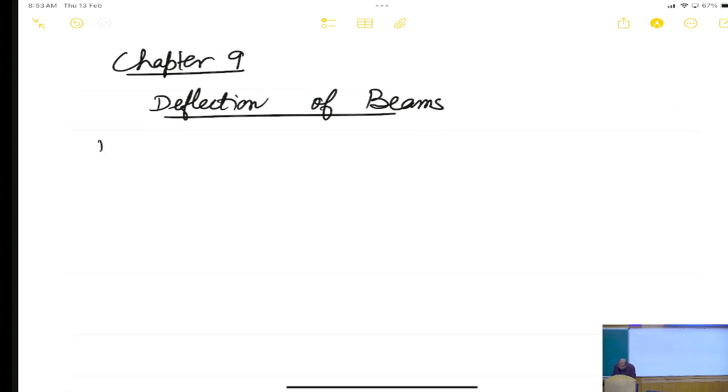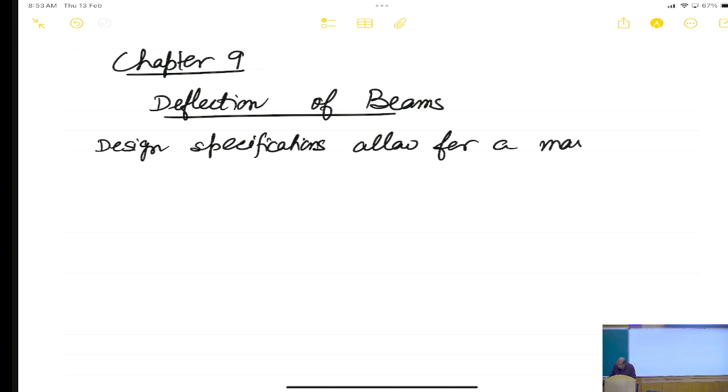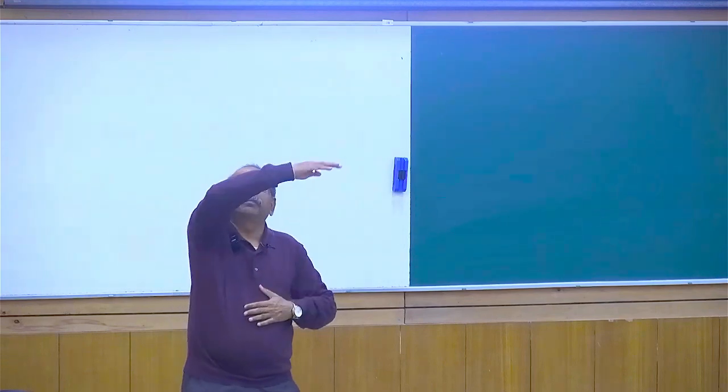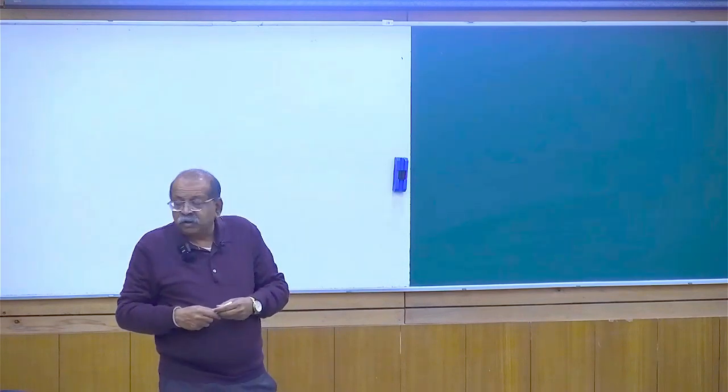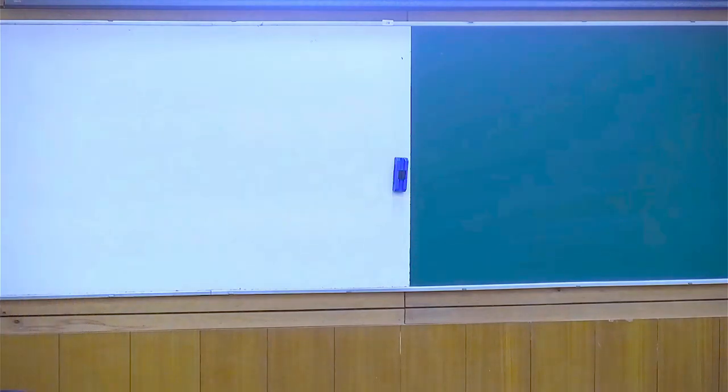Now, why deflection of beams becomes important is because there are certain design specifications. If suppose there is a beam running, it can't deflect more than a particular value, otherwise it will cause problems. So, that is one reason.